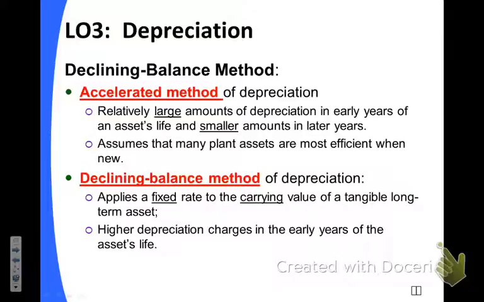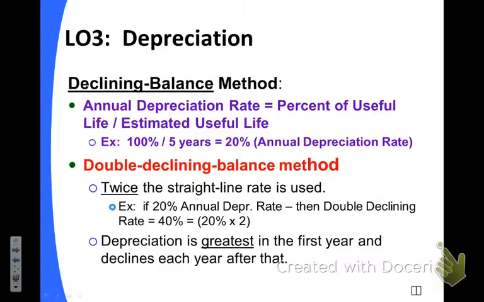The declining balance method applies a fixed rate to the carrying value of the asset. Because we're applying that fixed rate, there's going to be a higher depreciation charge in the early years and a lower amount in the later years.